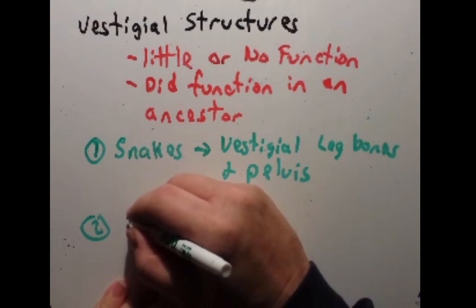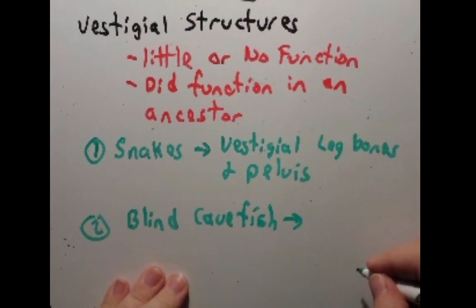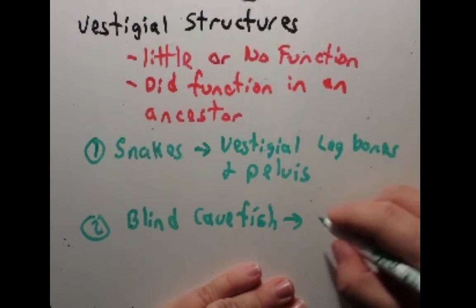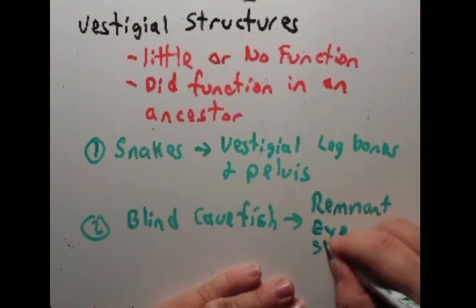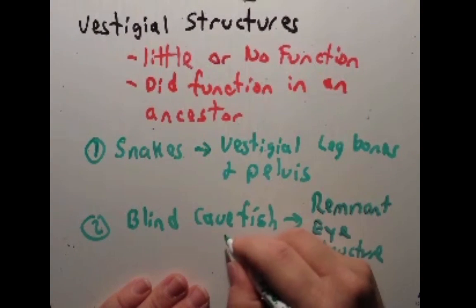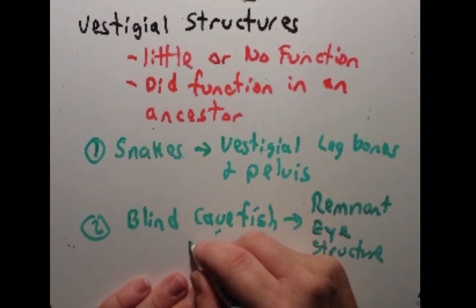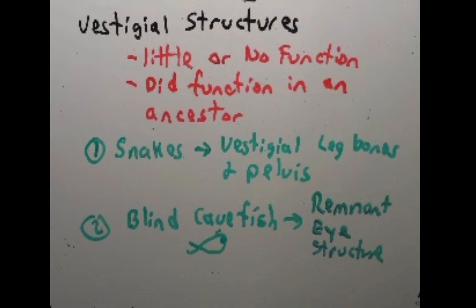The next example is in various kinds of blind cavefish, which have a remnant eye structure under the skin. So you might have a fish like this, where usually they would have an eye here, but it's kind of buried inside of the fish. It's not a functional eye anymore, of course. It's what's left of the eye.